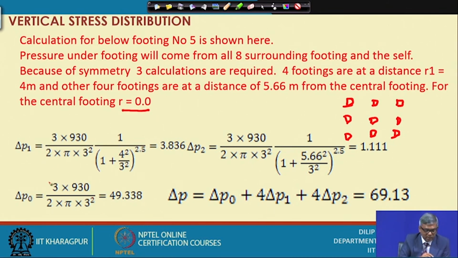So, I am considering, suppose, del p naught. Suppose this is del p naught because of the self at this point, because of this footing only. Each footing load is applied.